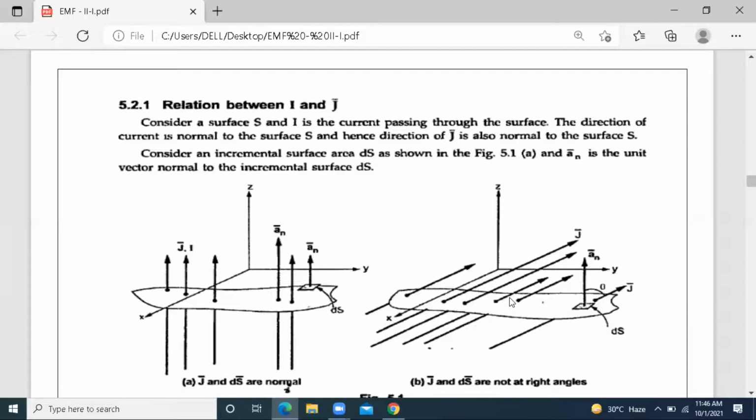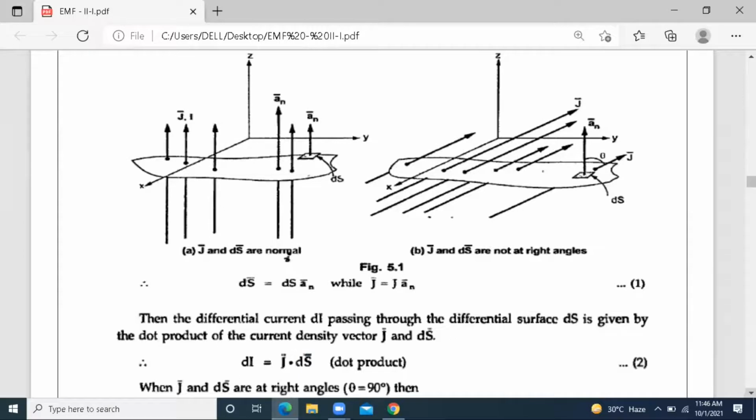The one for surface area, sir. So DS is DS normal. J equal J normal.